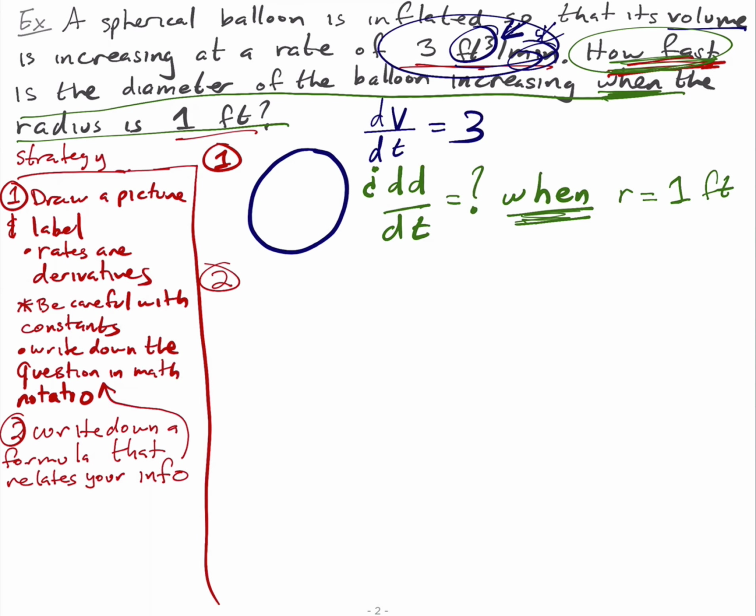The volume, right? Why the volume? Because we're given the volume, right? The rate at which the volume changes. We're not given any information about surface area, so that doesn't really make sense to use a surface area. So that's the thinking. So what's the volume of a sphere? We just said earlier. 4/3 pi r cubed. Okay. Step 3.